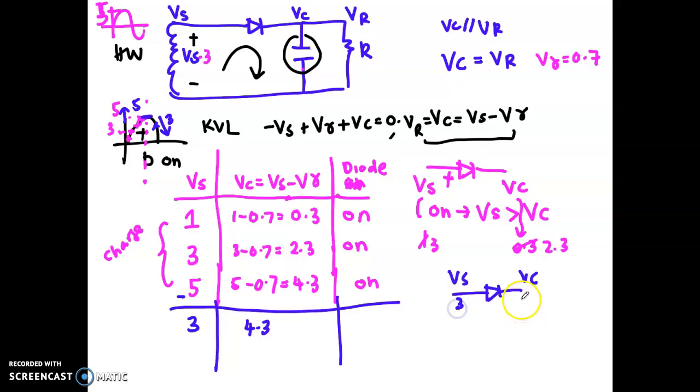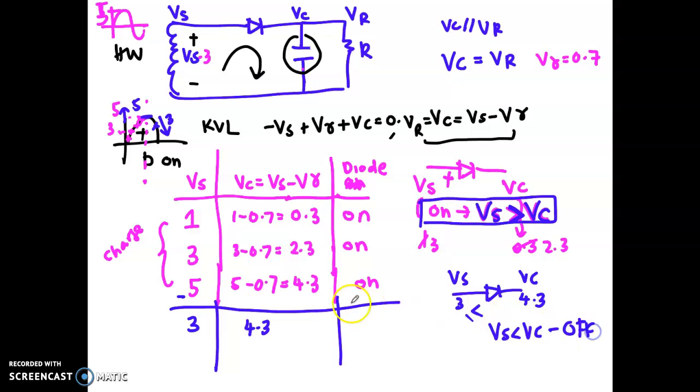Here is 3, but here is 4.3. Do you think the diode will be on or off? As we said, in order for the diode to turn on, you need to make sure your Vs is higher than your Vc. But in this condition, your Vs is less than Vc, right? So when your Vs is less than Vc, the diode will be off.